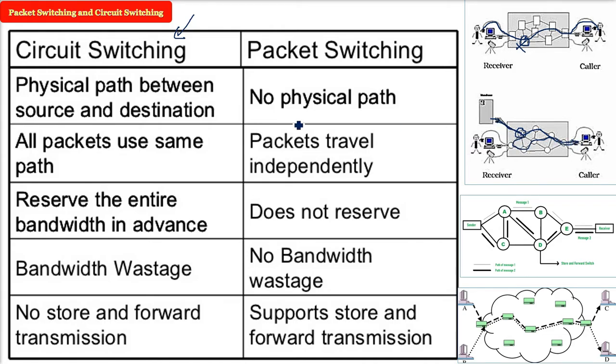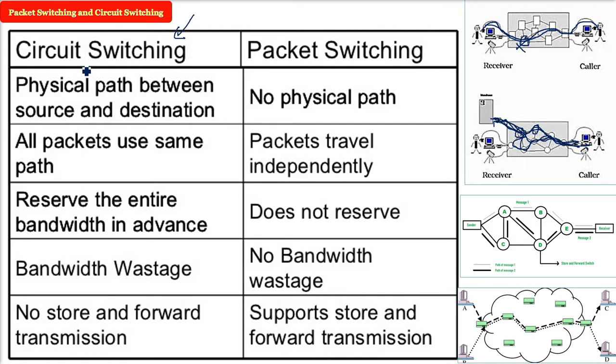In circuit switching, because the permanent path is established, we can reserve the entire bandwidth in advance, right? Because in circuit switching we know in advance. But in packet switching, the bandwidth is not reserved.